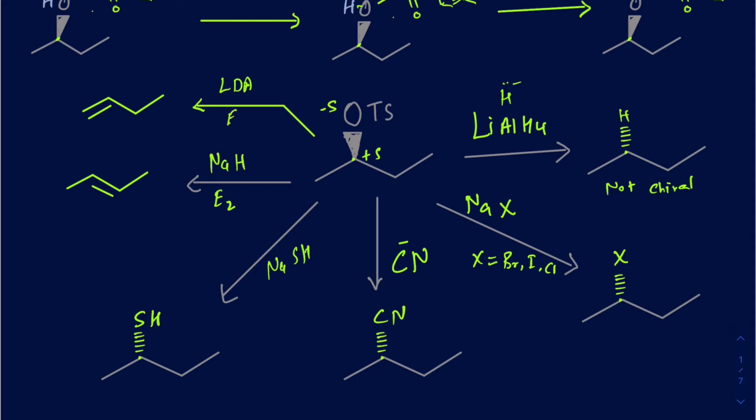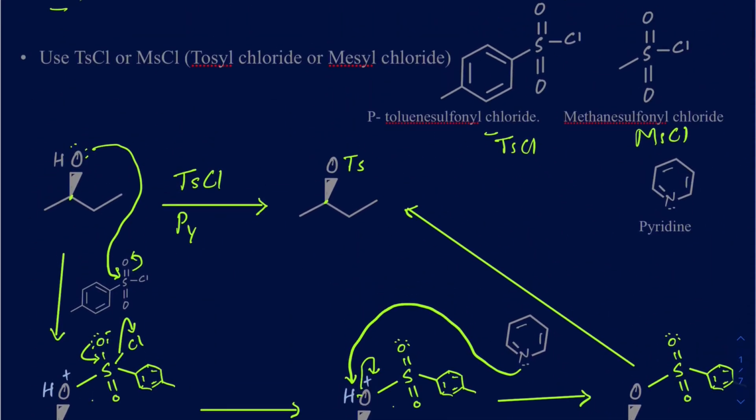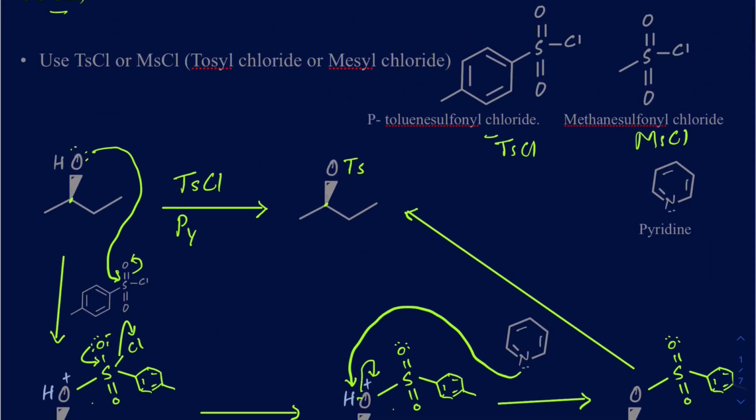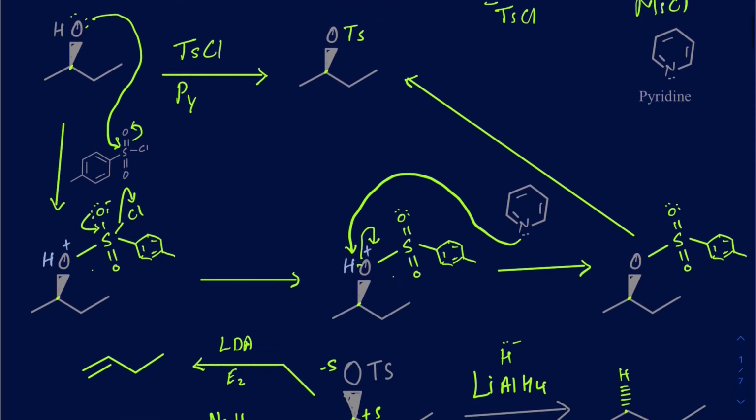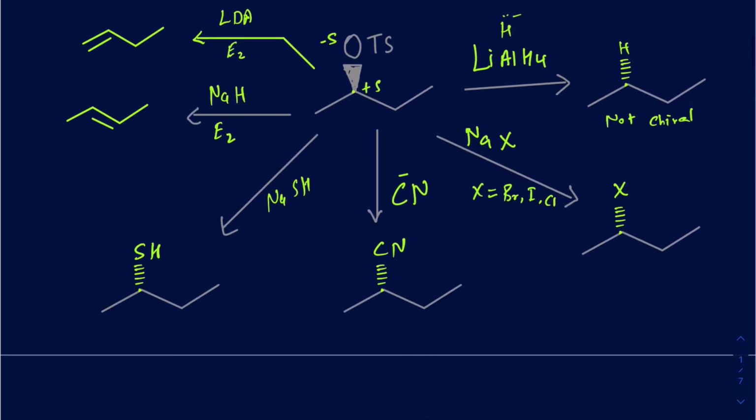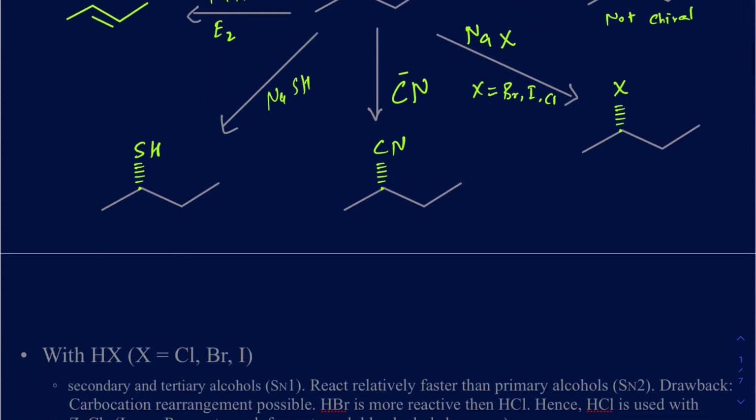So if you have forgotten your Zaitsev and Hofmann rules, you want to go back and learn E1 and E2 and their criteria. So this is how you're going to be using the TsCl and MsCl in order to convert those back to alkyl halides. And in addition to that, you can also do elimination reactions.